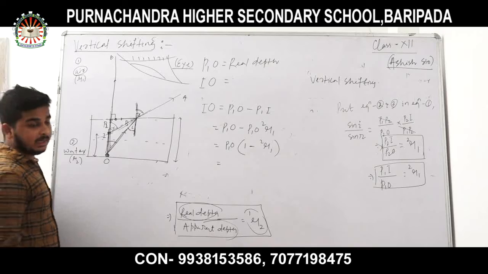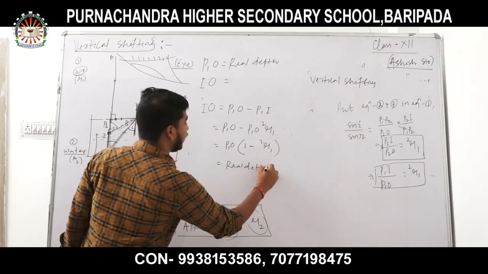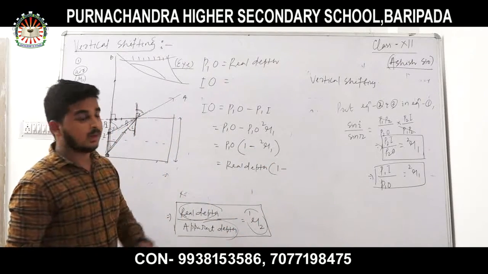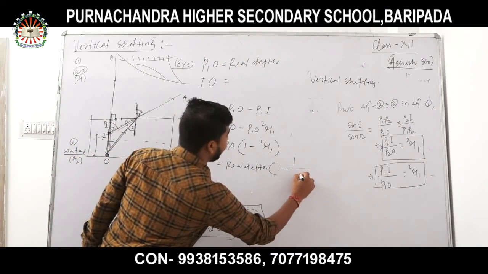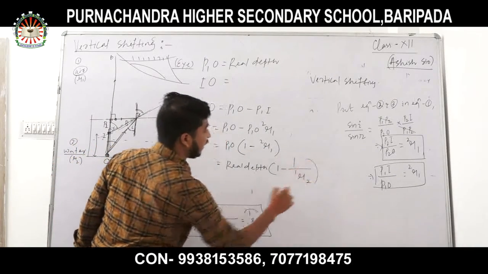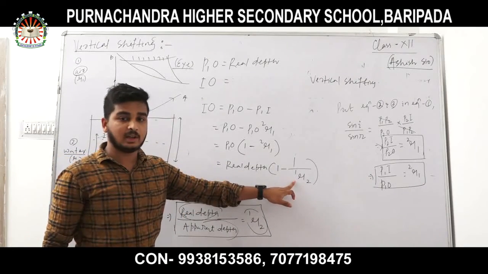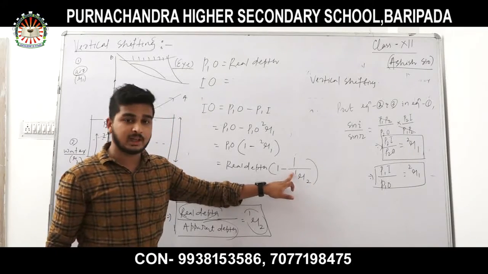P1O is the real depth, so it is real depth into 1 minus, and remember the principle of reversibility of light, I can write 1 divided by the refractive index of 2 with respect to 1. It means the refractive index of medium 2 with respect to medium 1.